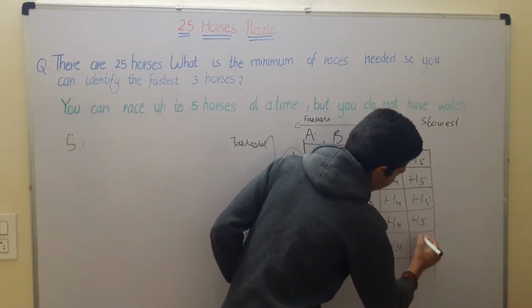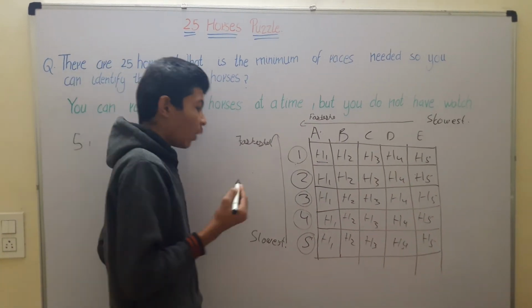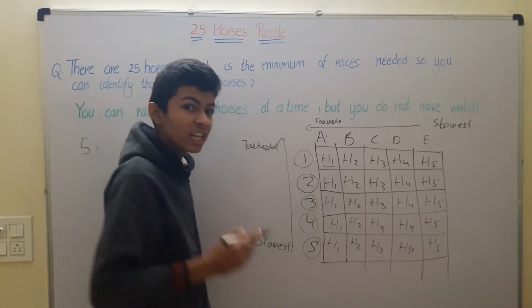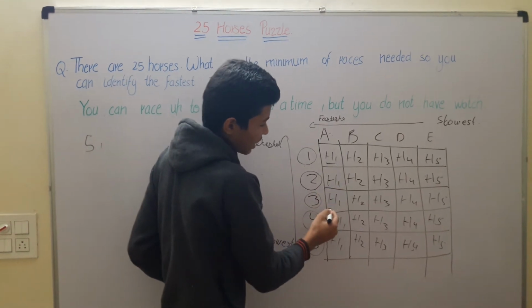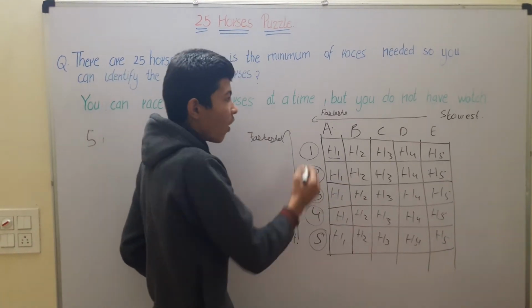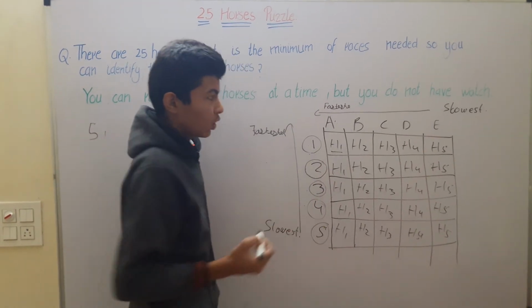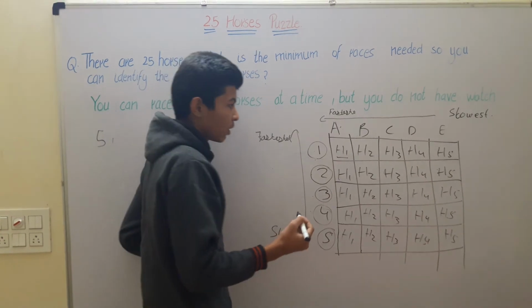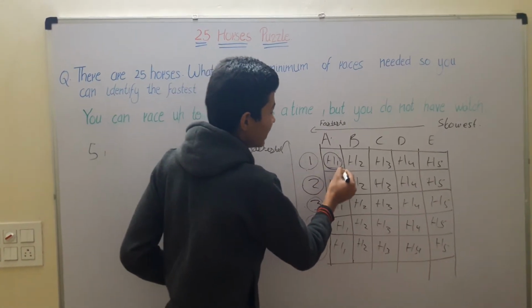Now we have to conduct a race of the fastest horses of all these rows, which is H1 of each of columns 1, 2, 3, 4 and 5. If we do this race, we would get the fastest horse. For simplification, the fastest horse in our case would be H1.